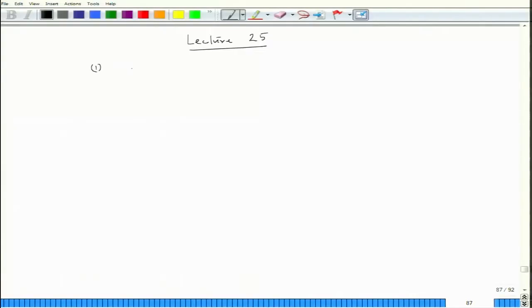So, first thing is what the phase diagram cannot tell.